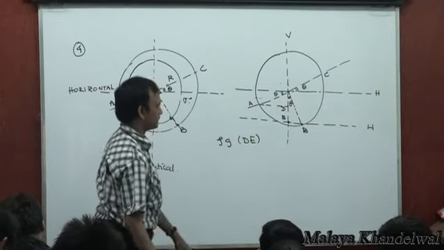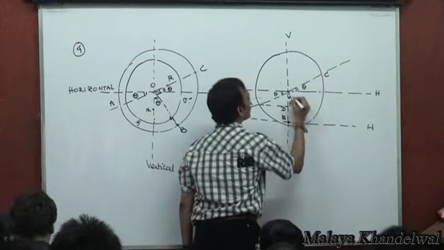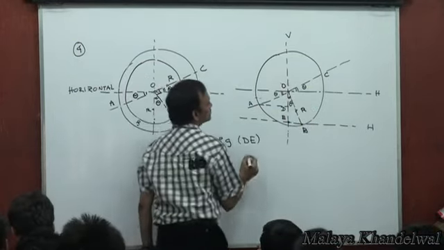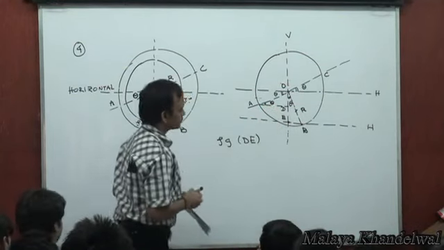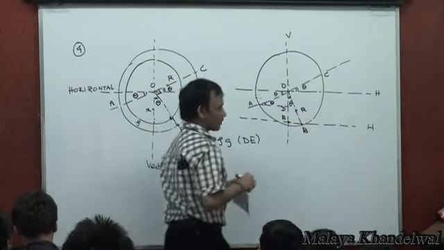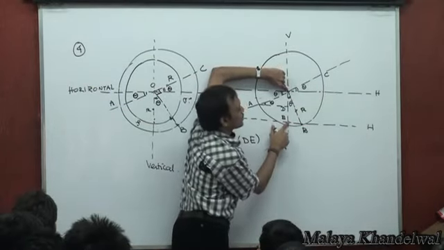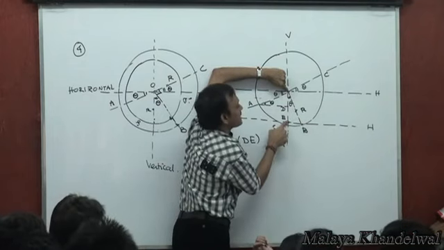Now what's DE? This is R. This is O. What's DE? This length OE is what? R cos theta, right? R cos theta is this length.